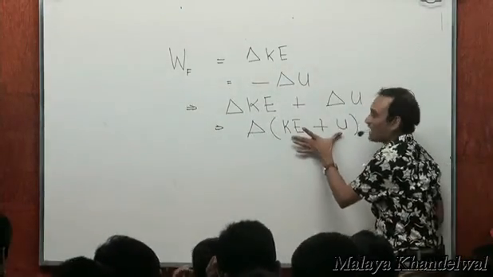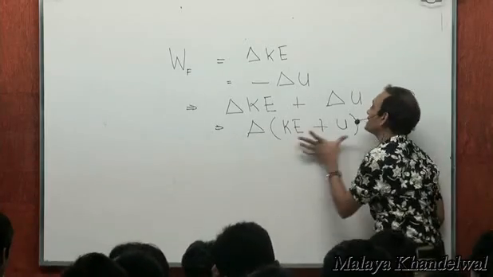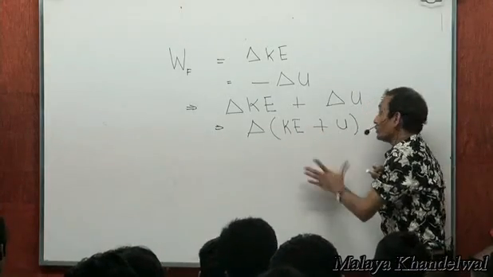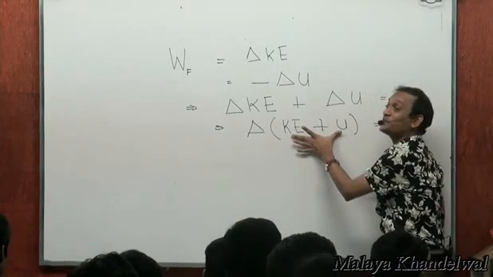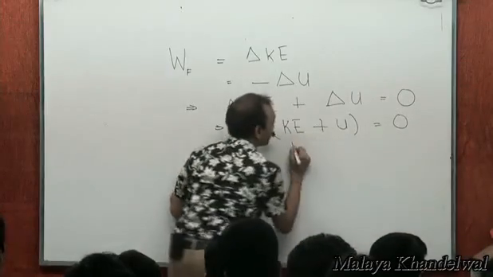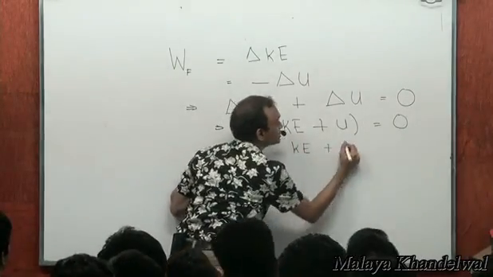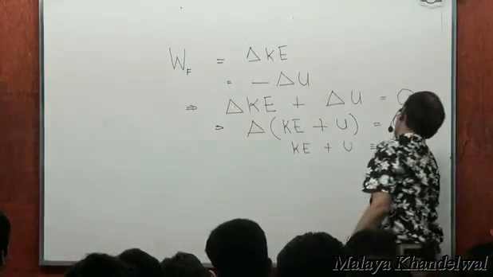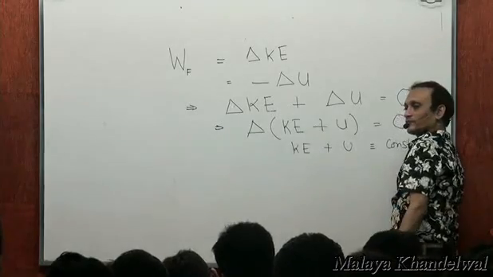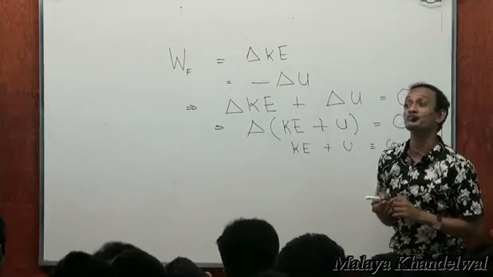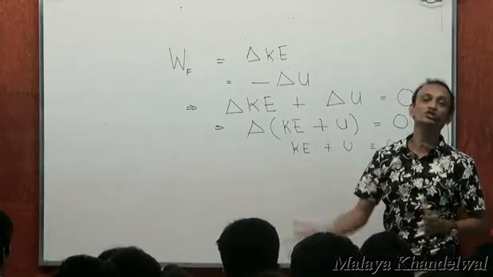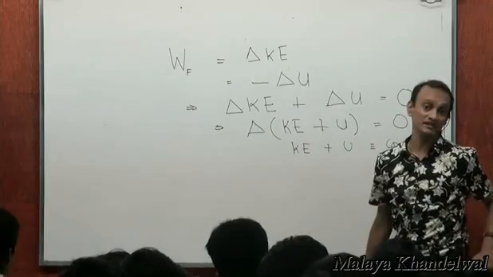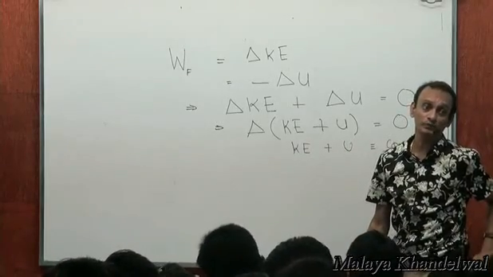If the total energy is kinetic plus potential, then change in kinetic plus potential is 0. That means there is never a change in kinetic plus potential. That means kinetic energy plus potential energy remains constant. That's the law of conservation of mechanical energy. Does it make sense to all of you?